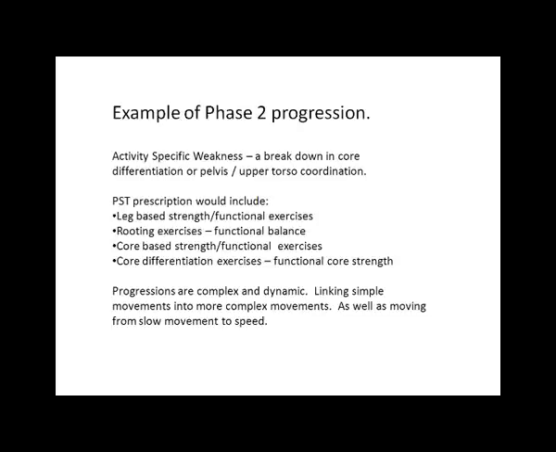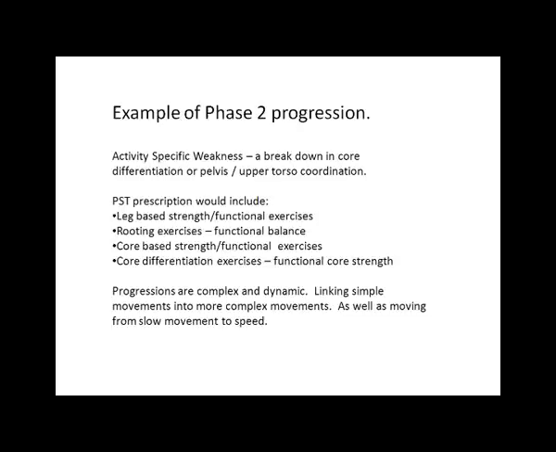Then we move to our core-based stuff, and if we're looking at creating core differentiation exercises, our core-based strength functional exercises can be things like diagonal sit-ups, like the beginning of a Turkish get-up, or a Russian twist.